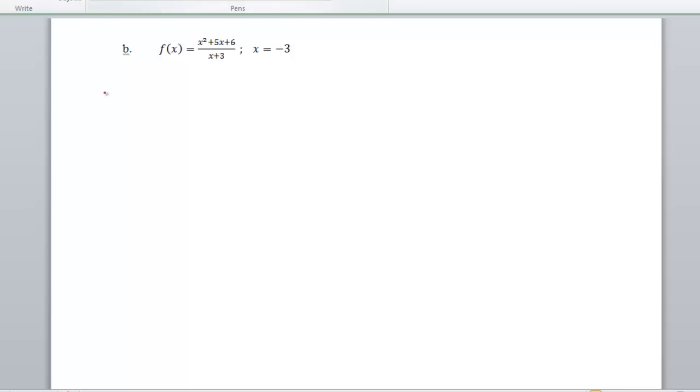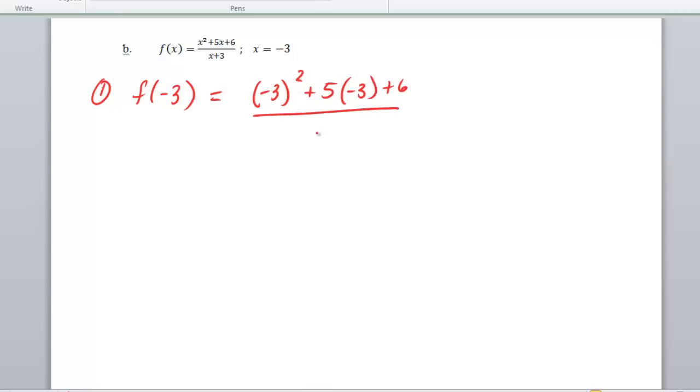And so our very first test is just to see if it has an output value for x equals -3. And so we'll go ahead and evaluate this at -3. I'm going to plug in -3 for all x values in the entire function.